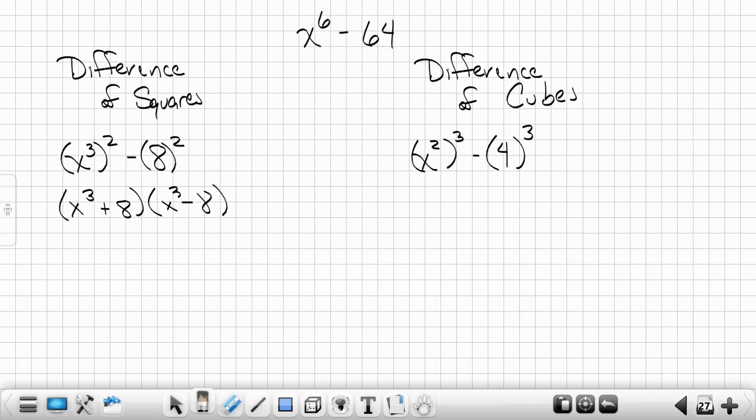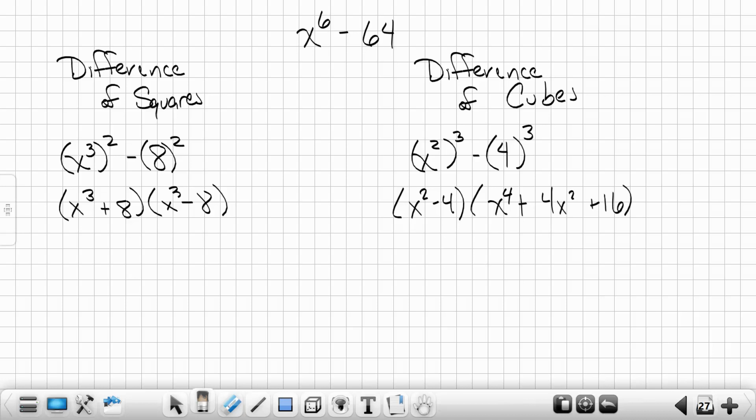I know you guys don't have the formulas down in your head like I do. Difference of cubes, this would turn into x squared minus 4 times the first one squared, x to the 4th, opposite sign, plus 4x squared plus 16.